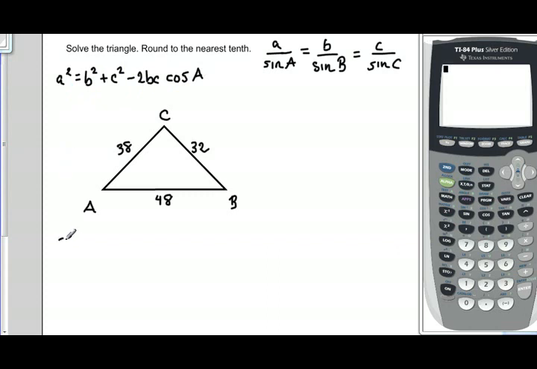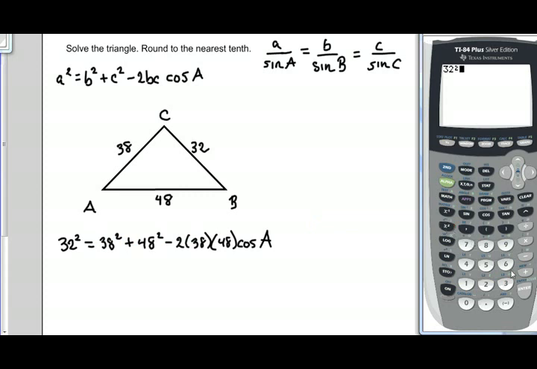So let's plug in what we know here. a squared, so that's going to be 32 squared, equals 38 squared plus 48 squared minus 2 times 38 times 48 times the cosine of A. All right, so we'll have to figure all these out, so let's just type them in all at once.